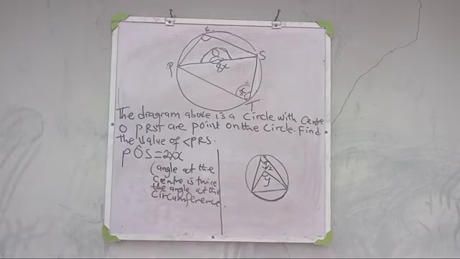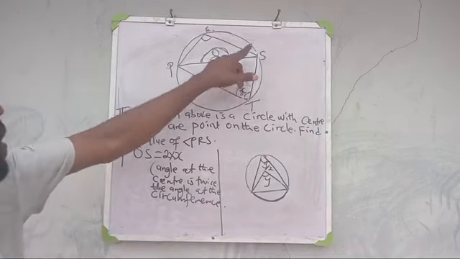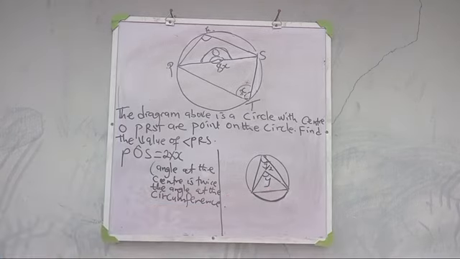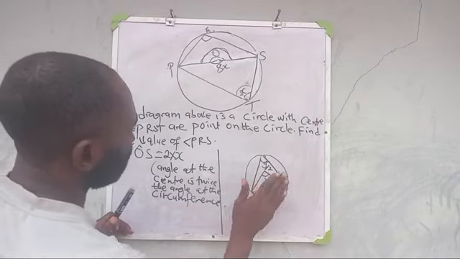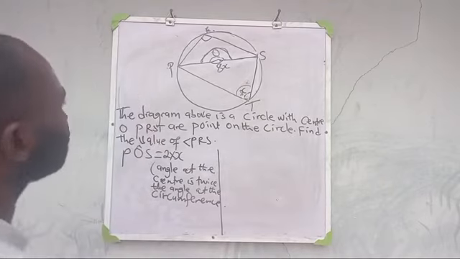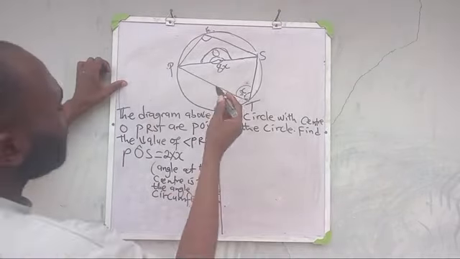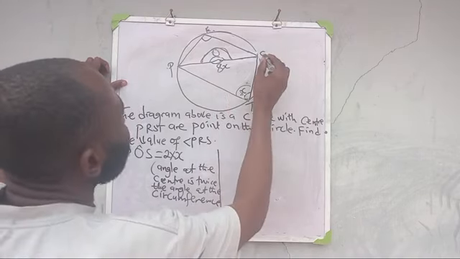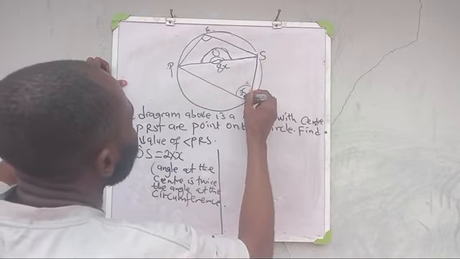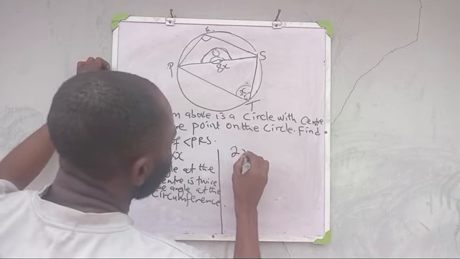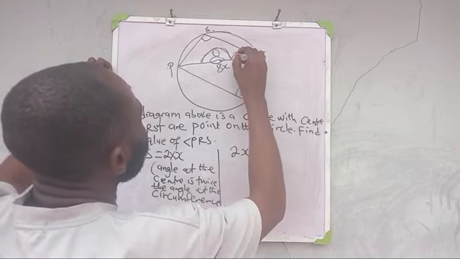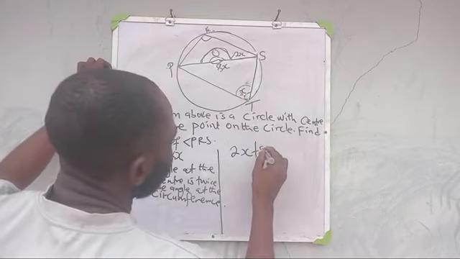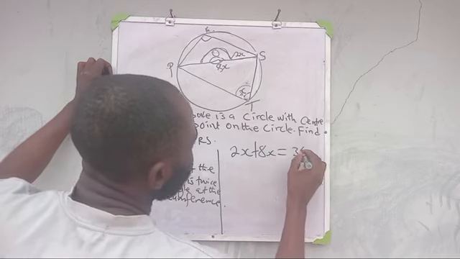So the angle which POS sustains is twice this, as I explained here. So for you to find x, since we know that POS is 2x, we now say 2x plus this one here, 8x, is equal to 360.